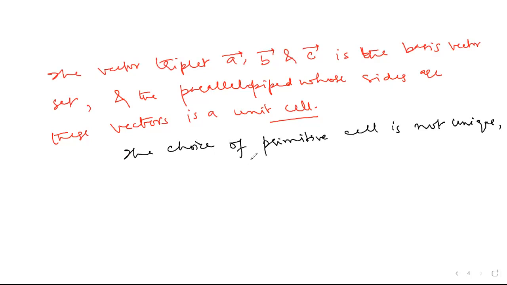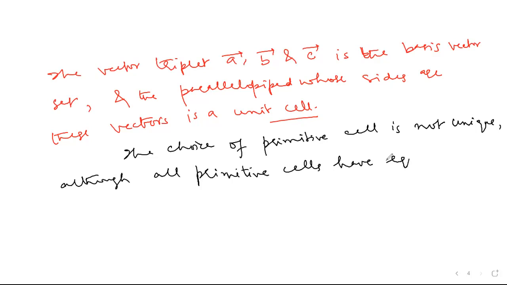Although all primitive cells have equal volumes. Remember, in 2 dimensions, we said all primitive cells have equal areas.